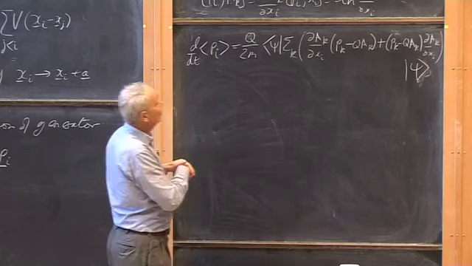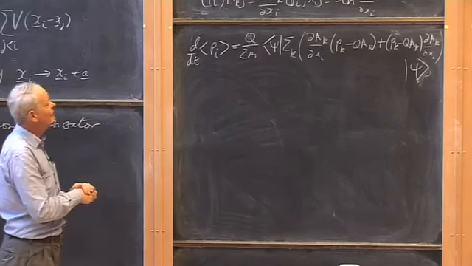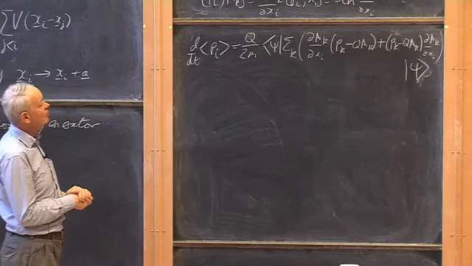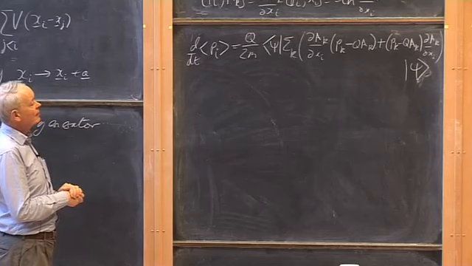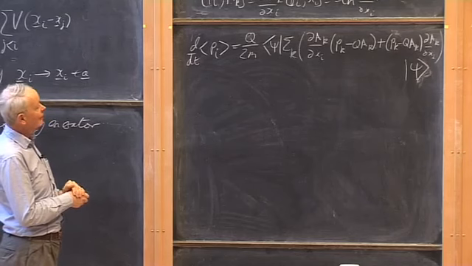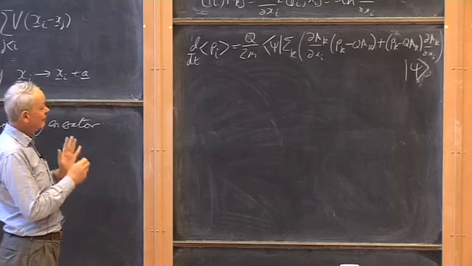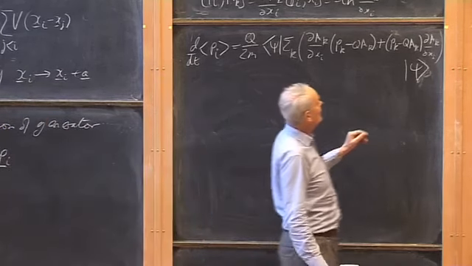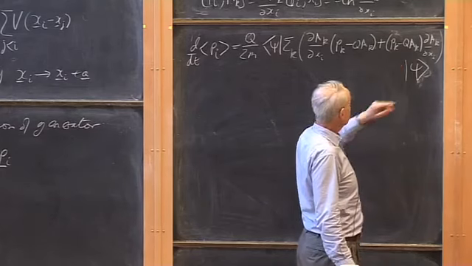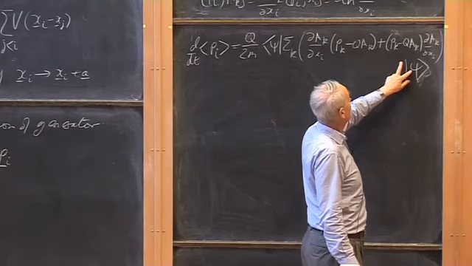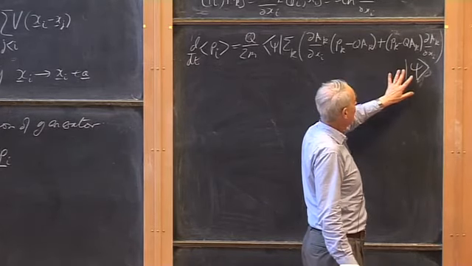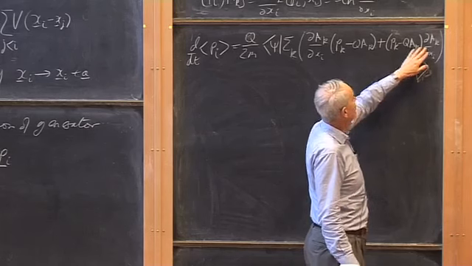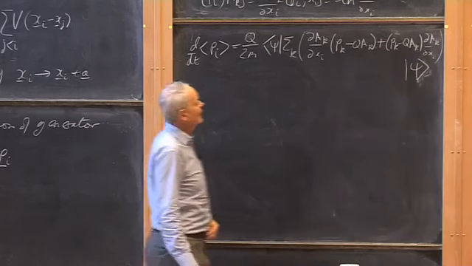To go further, I have to say, well, look, what am I trying to do? I'm trying to recover the Lorentz force for you. I'm trying to show that this is predicting the correct classical physics. If I'm talking about the classical physics, each of these operators can get replaced by its own expectation value.